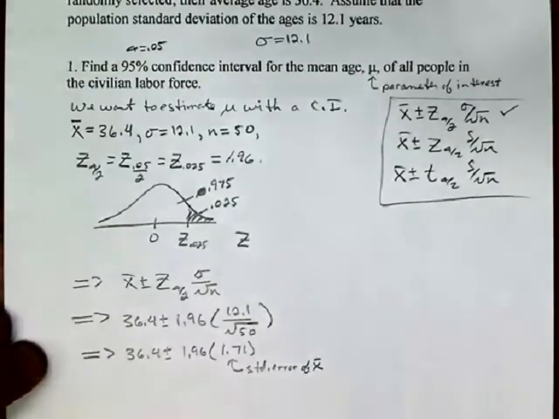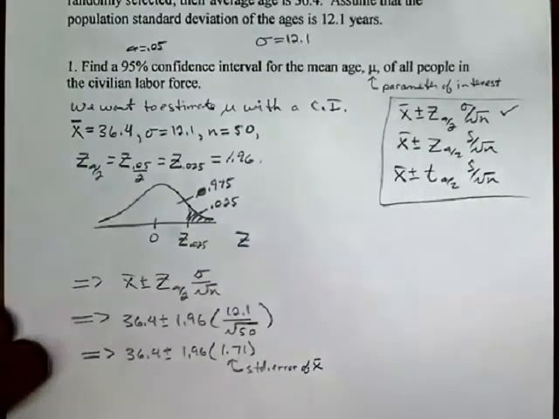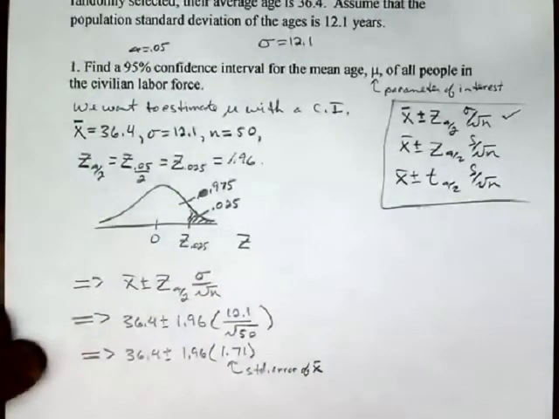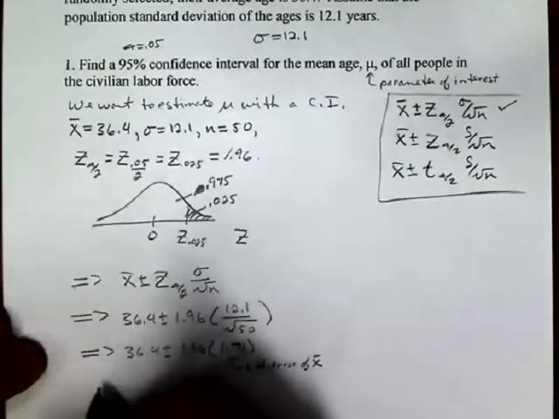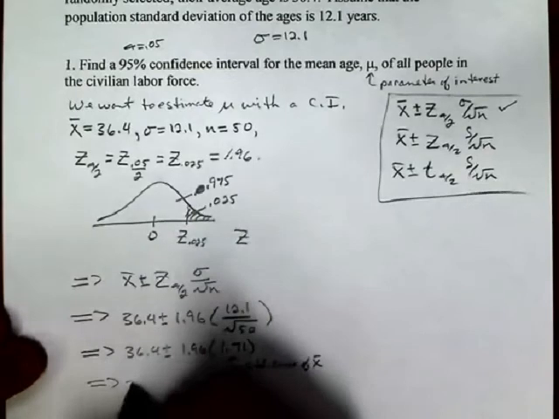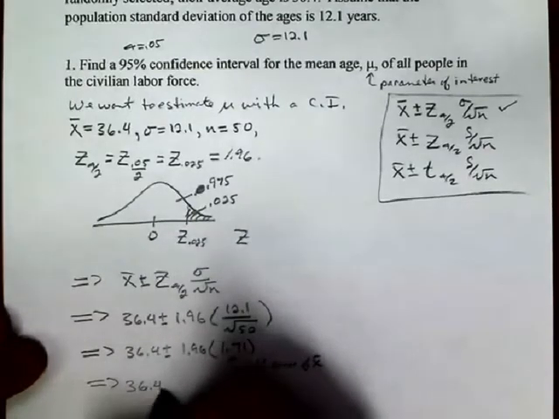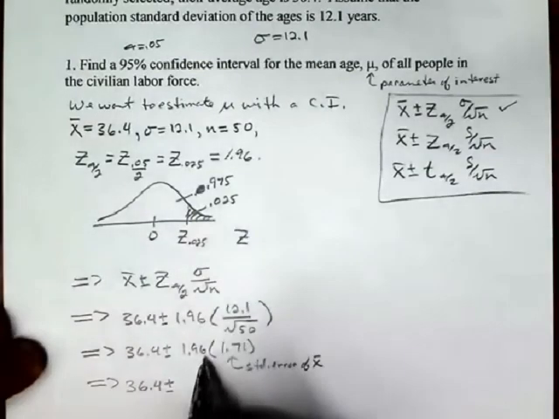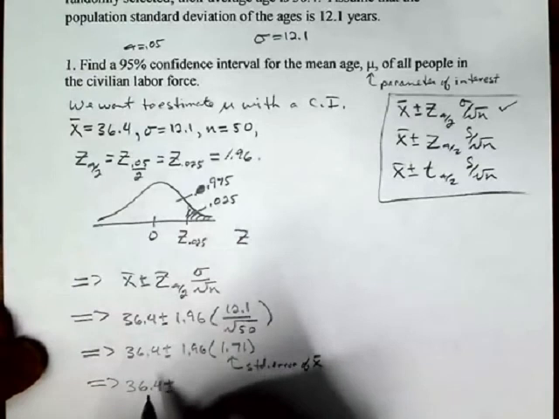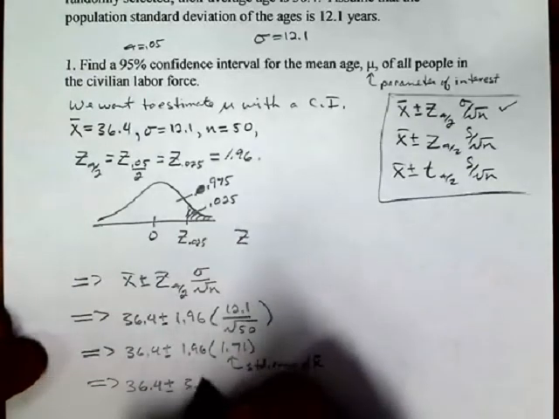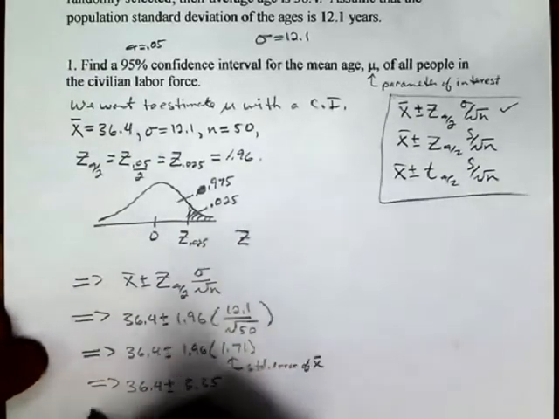You recall that from the sampling distribution of x bar theory, the standard error of x bar, or the standard deviation of x bar. Okay, so moving on here, we've got 36.4 plus or minus 1.96 times 1.71, and that is 3.35.